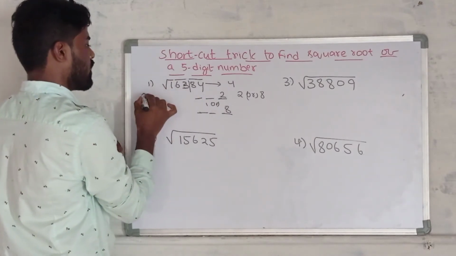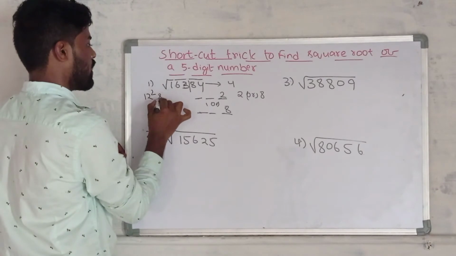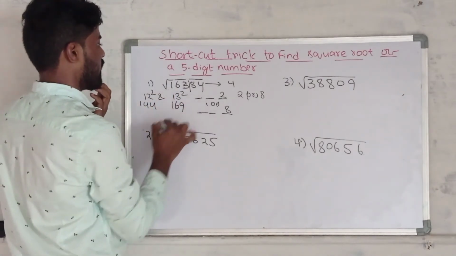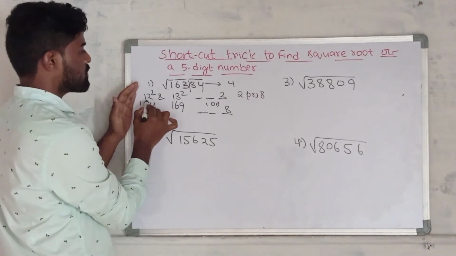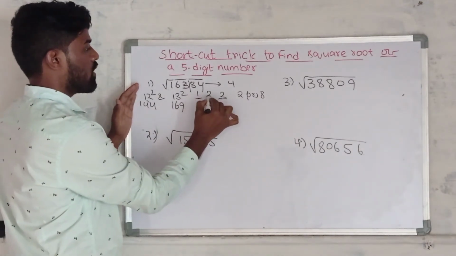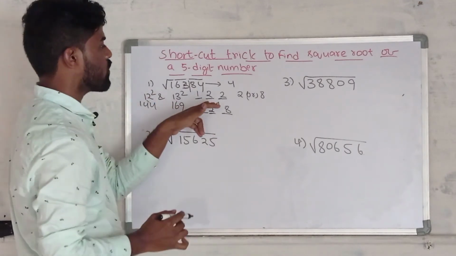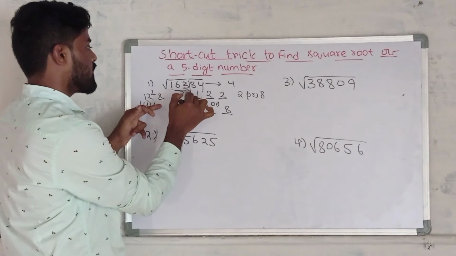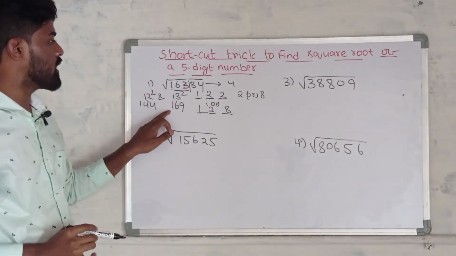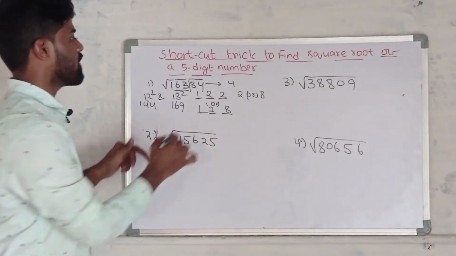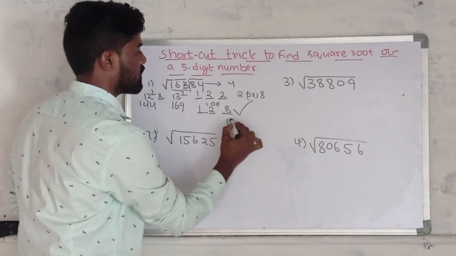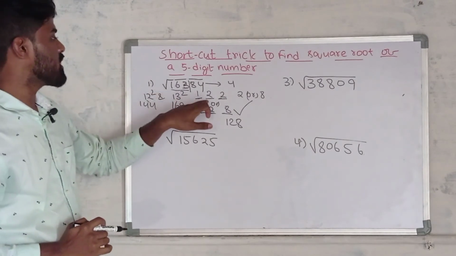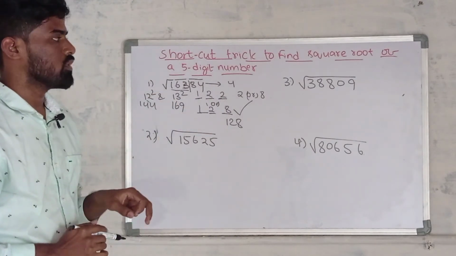It is between 12 square and 13 square, that is 144 and 169. Always take the smaller number, that is 12. Our answer is either 122 or 128. Now 163 is closer to 169, so our answer will be the bigger number, 128. If it is closer to 144, our answer should be the smaller number, 122.